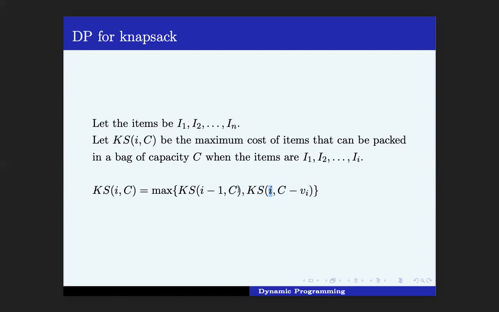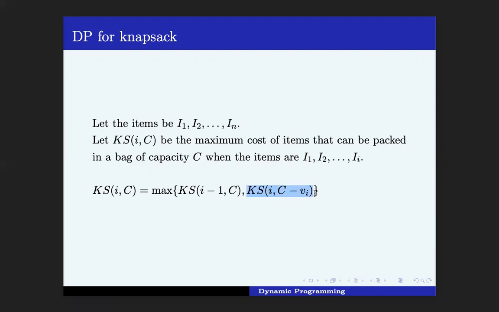So there are two options: either I take this item or not. If I take this item, my capacity goes down. In that case, K(i, C) would be KS(i minus 1, C minus Vi) plus Ci.